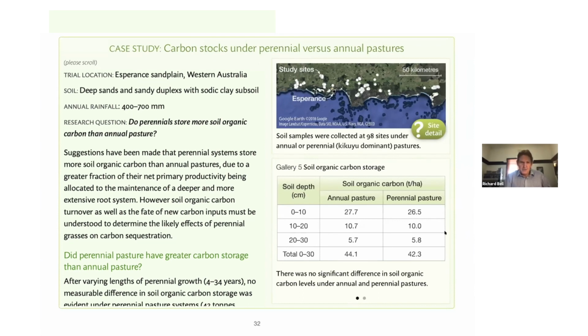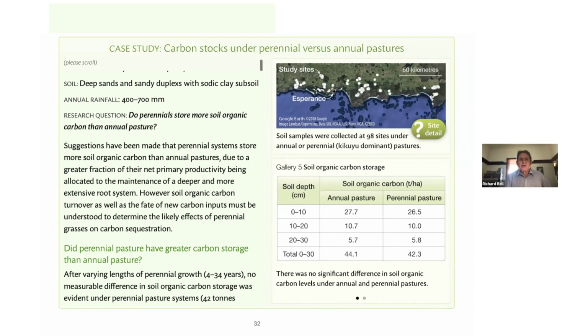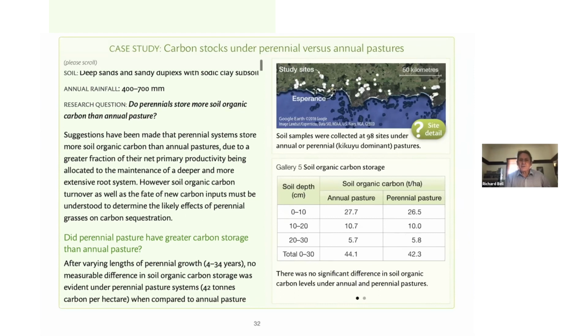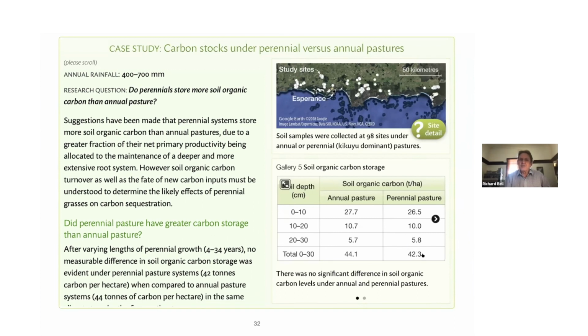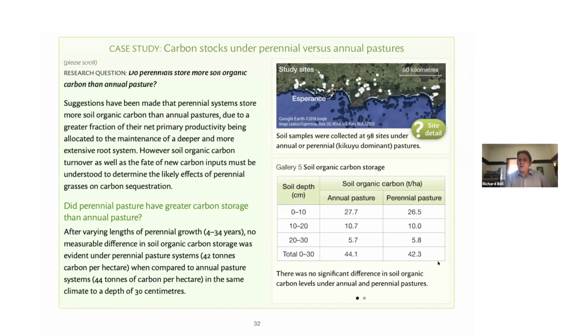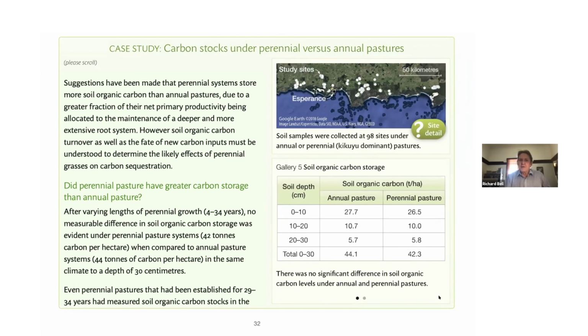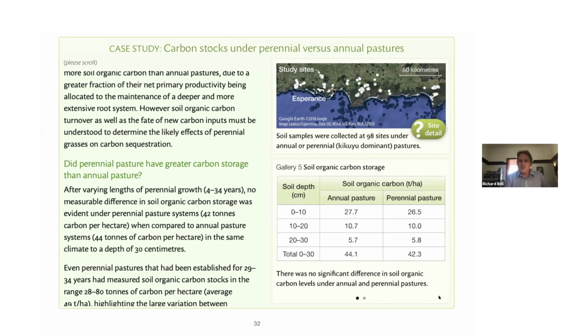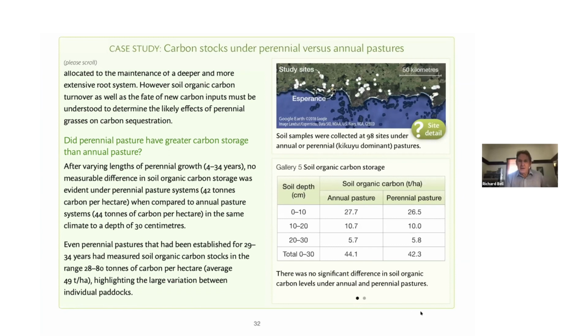What they found was that even sites that were up to 34 years in perennial pastures, there was often very little difference in the organic matter content of those different soils.